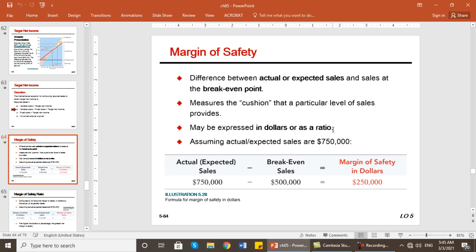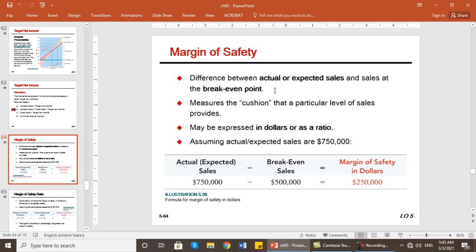Now, margin of safety. If you expect to get 80 points in managerial accounting, you can determine the margin of safety as the difference between 80 points and the break-even point of 60.